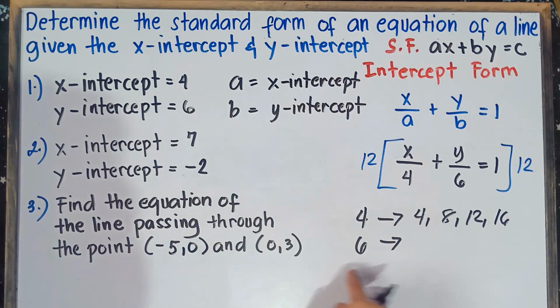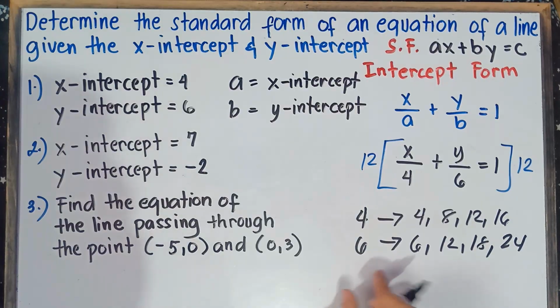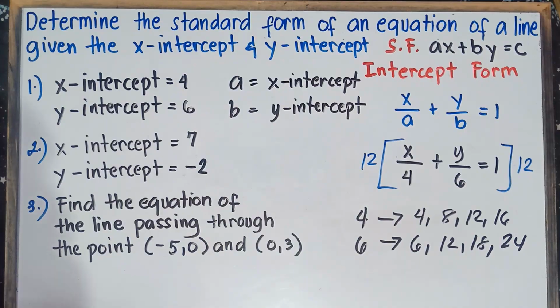And then multiples of 6: 6, 12, 18, 24. 6 times 1 is 6, 6 times 2 is 12, 6 times 3 is 18, 6 times 4 is 24. Simply add 6. So therefore, the LCM of 4 and 6 would be 12. The least number that is common to 4 and 6 is 12. That's how you find the LCM.